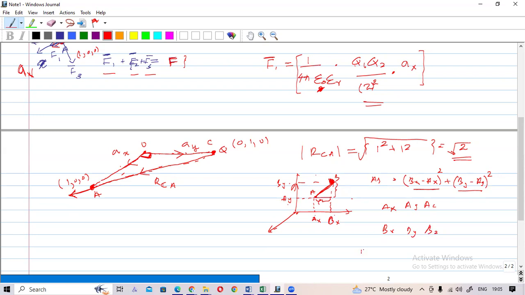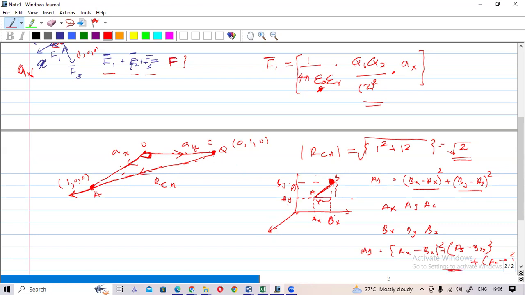To find the distance between A and B, you take the x terms, AX minus BX, squared, AY minus BY, squared, plus AZ minus BZ, squared. Then you can find the total distance.